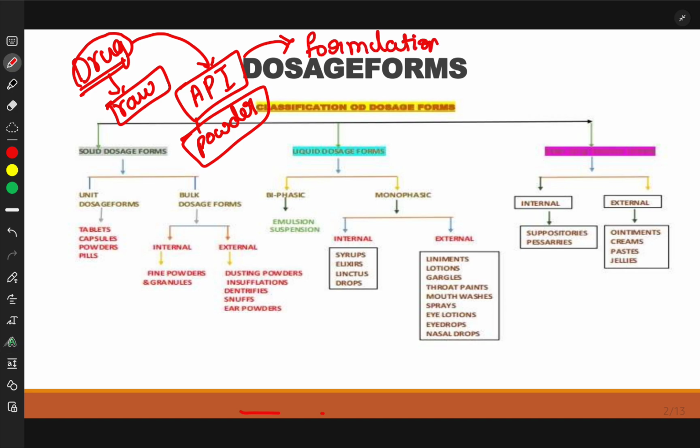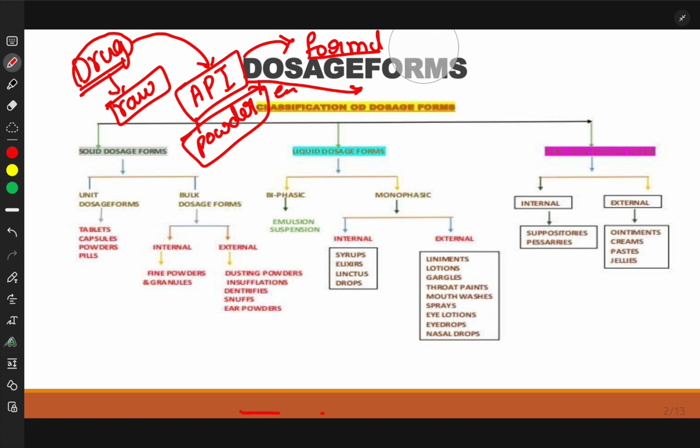When you come to PG, you will know what the formulation R&D department is. These research people do all the research, and the API is converted into an ingestible dosage form by adding some excipients.